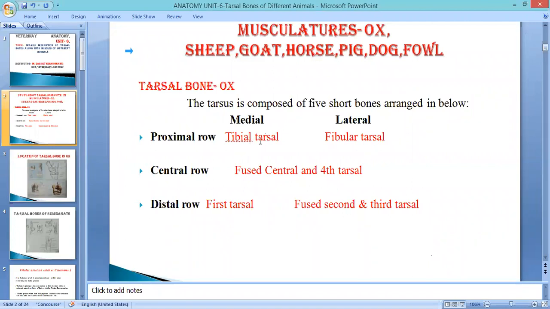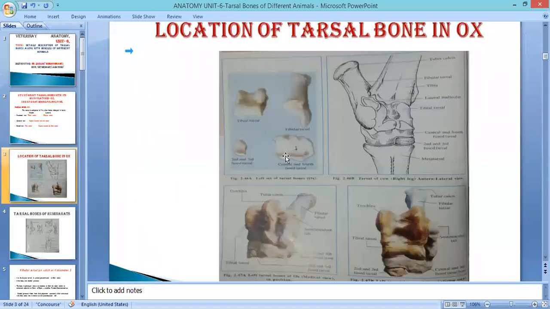The proximal row contains the tibial tarsal and fibular tarsal, and in between, below that, the fused central plus fourth, and the first and the fused second plus third tarsal. We have already seen this. You see here in this photograph, this is the tibia bone and this is the metatarsal. In between, these 5 bones are located.